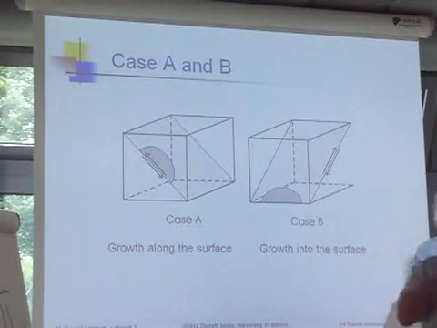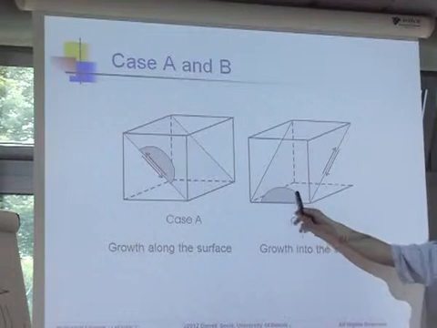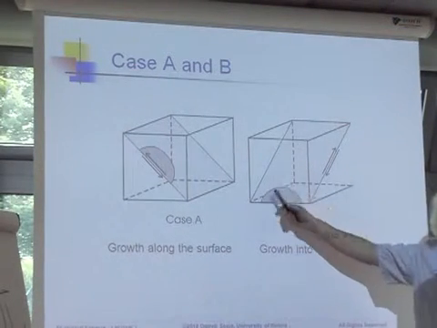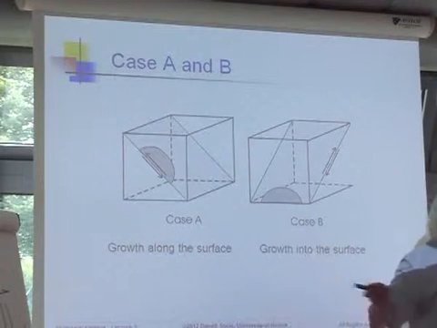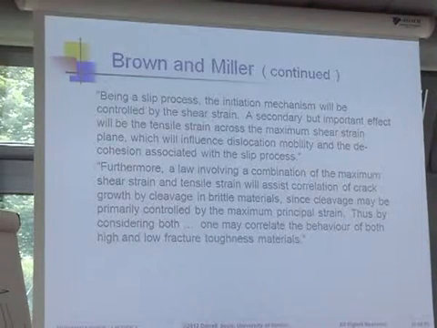That's what happens when you load something in torsion. Or I could have another scenario, case B, that drives a crack in shear through the thickness, and this is what happens in biaxial tension. So they make a distinction about what kind of shear strain they have.